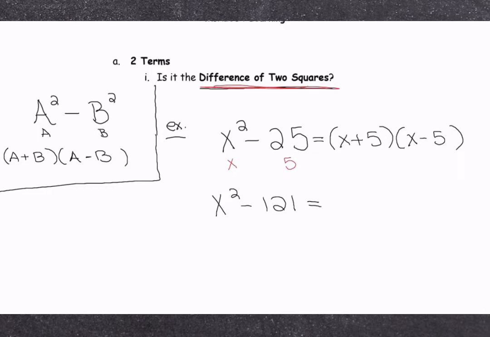Yep. Square root of the first one is x. Square root of 121 is 11. So now, in order to factor this, I'm going to write this once with a plus sign using my square roots, and then I'm going to write it once with a subtraction sign using my square roots. So that's how you do the difference of two squares.